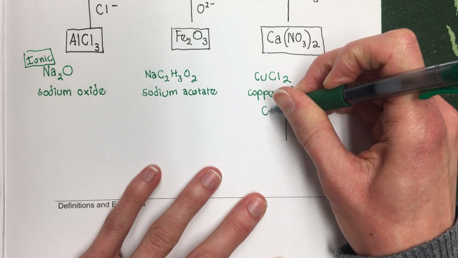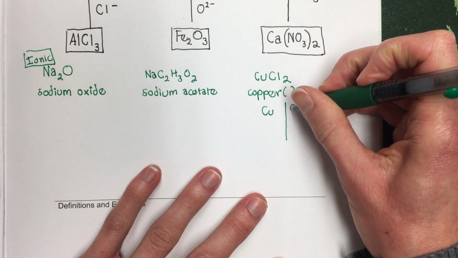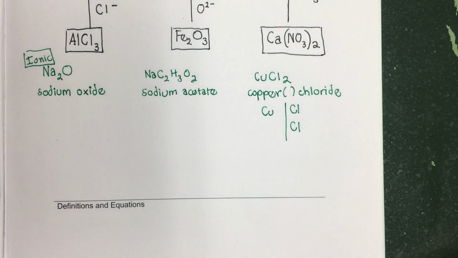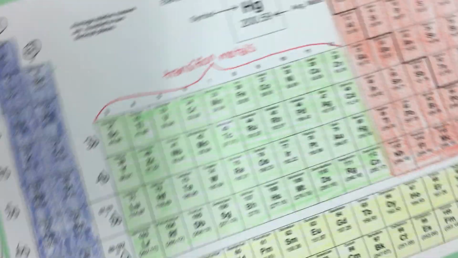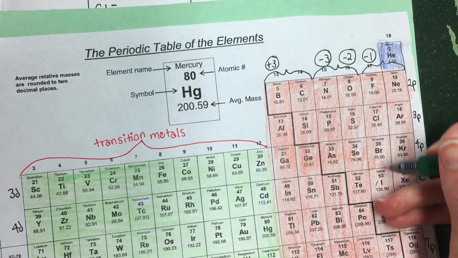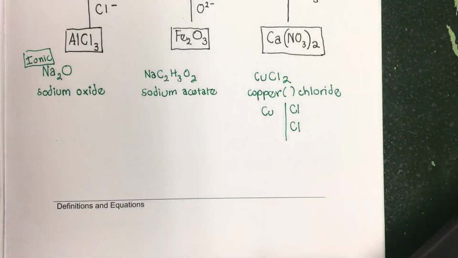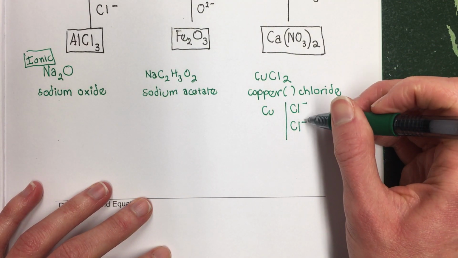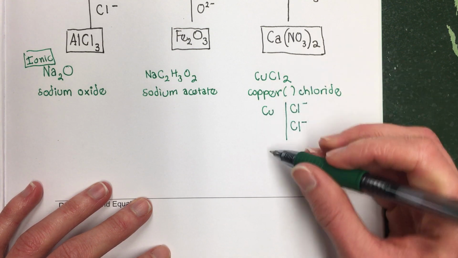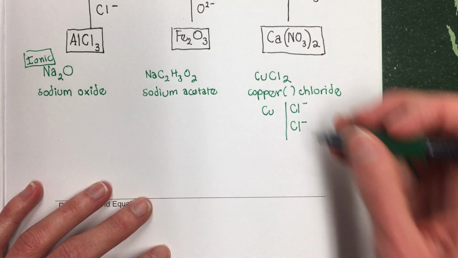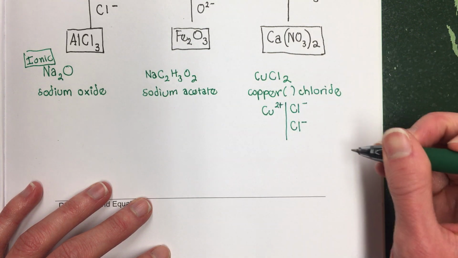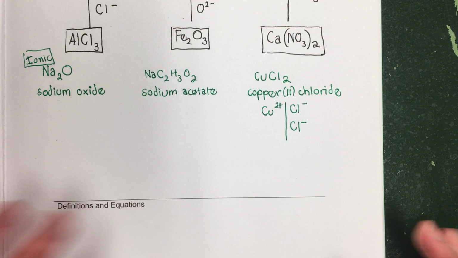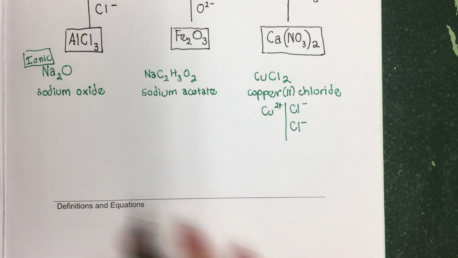I know there's one copper because the formula tells me that, and I know there's two chlorines, and I know the charge of chloride because it's in the -1 column. So since this is a -2 over here, this side has to be a +2, and since I know there's just one copper, this copper has to be a 2+. So it's going to be copper 2 chloride. Hopefully that makes sense how I figured that out.